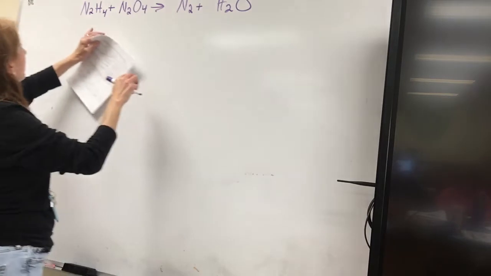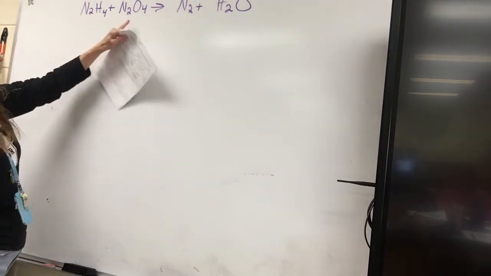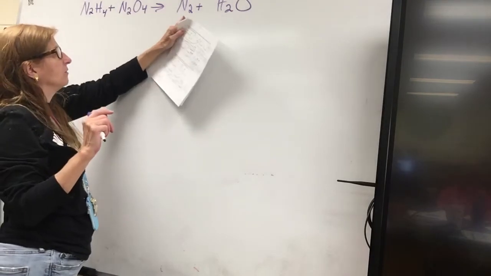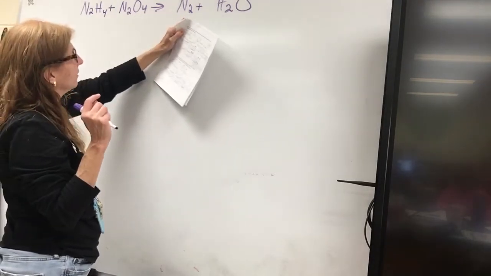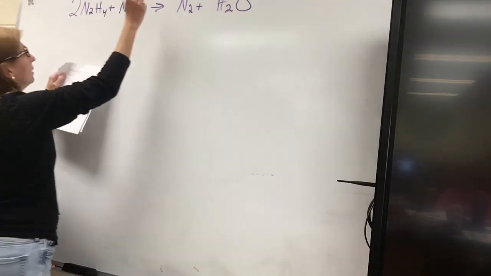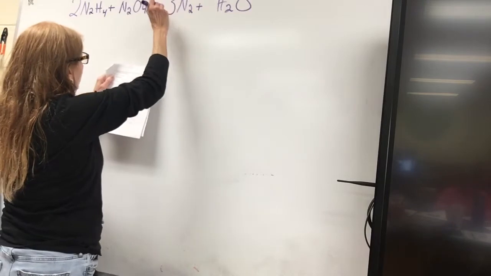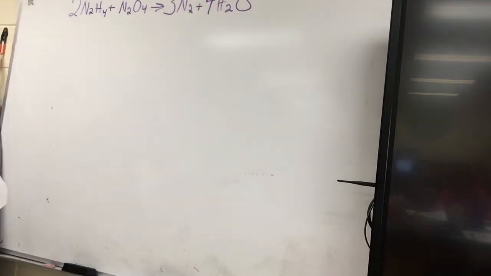That's wrong, because I'm going to have to go back and change it. 2 plus 2 is 4. You need a 2 then. Not yet though. It should be 2, 3. It's going to end up being 6 and 4. Oh, okay. That's what I had before.